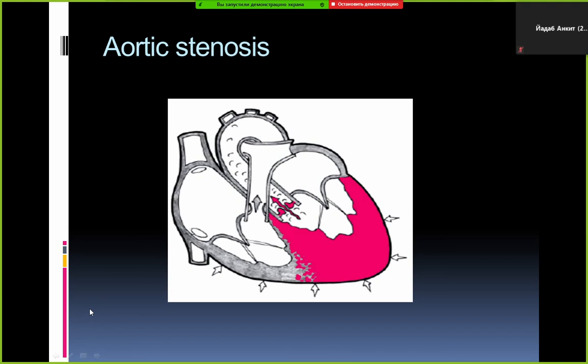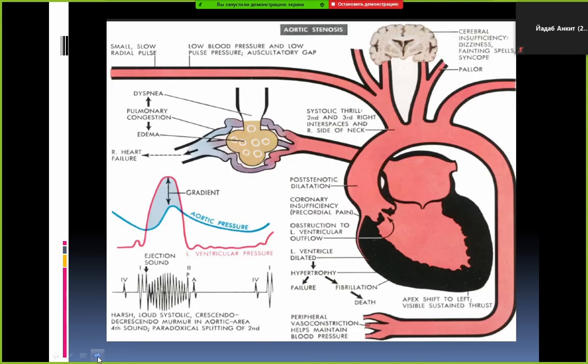And the last, aortic stenosis, narrowing of the aortic ostium. So this picture illustrates the pathogenesis and hemodynamic abnormalities of aortic stenosis and obstruction of left ventricle outflow.